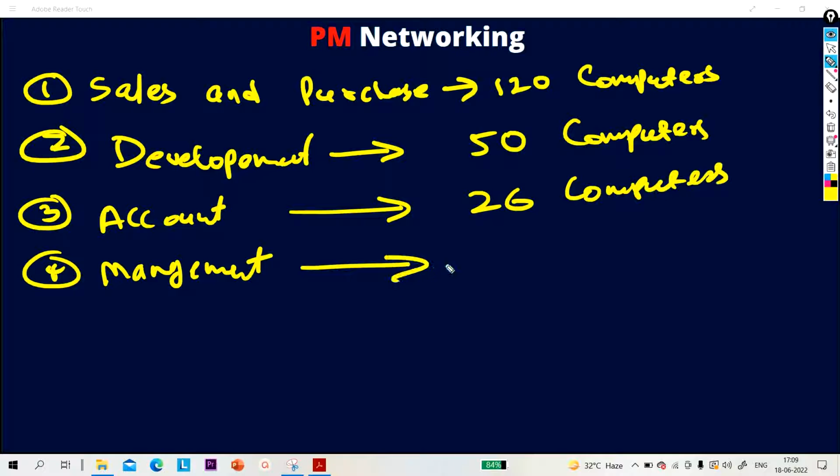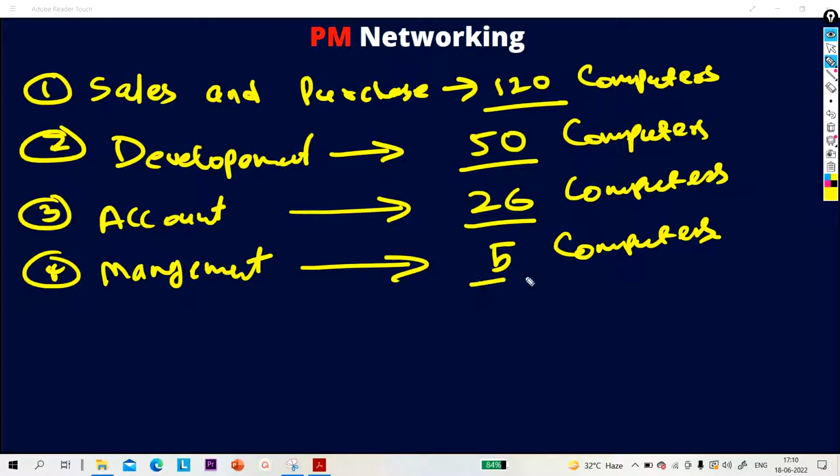And in management, suppose we need to connect only 5 computers, right? Here you can see the length of my networks is not the same, it is varying. In department 1 we need 120 IP addresses, in department 2 we need 50, in department 3 we need 26, and in department 4 we need only 5 IP addresses.